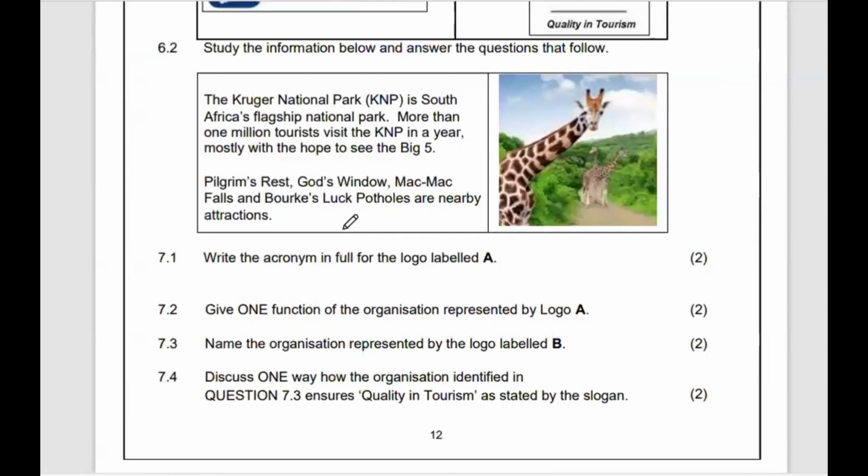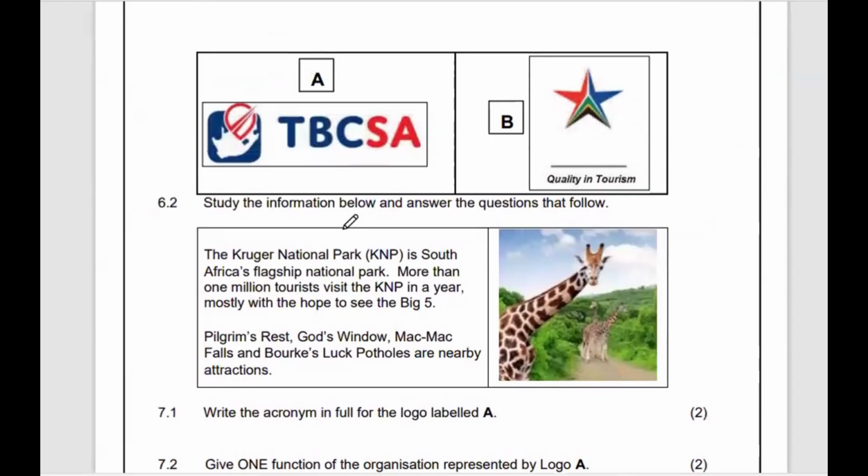Write the acronym for the logo labeled A. If we look at A, it is TBCSA. The full name of TBCSA is the Tourism Business Council of South Africa.